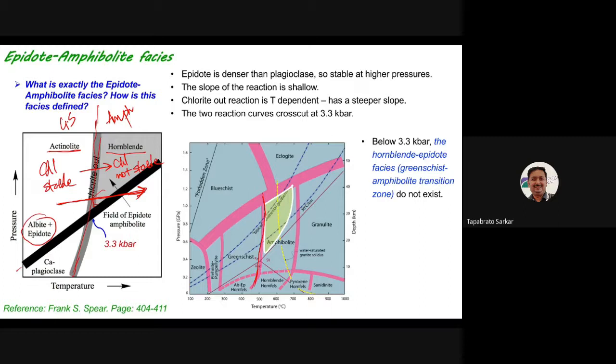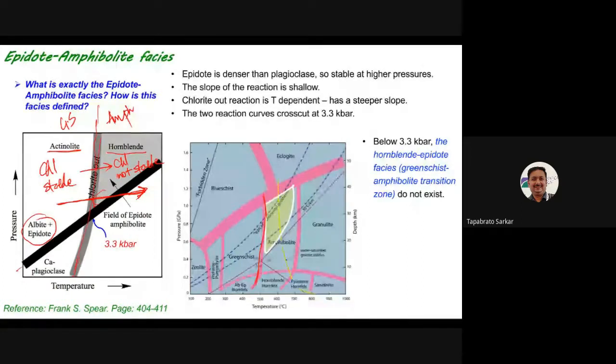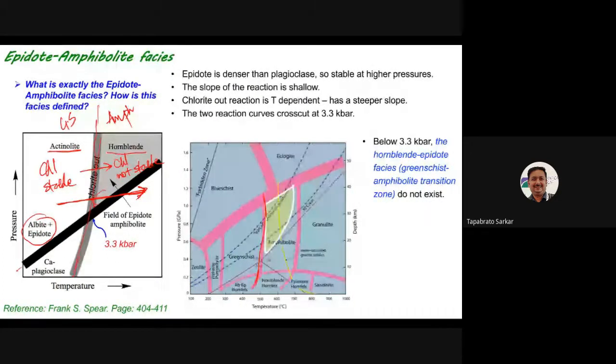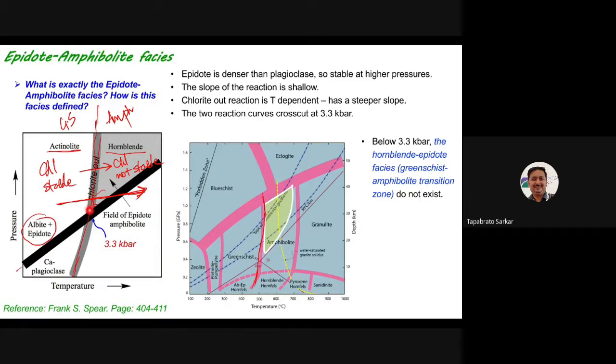This has a special significance in mafic rock. If epidote and hornblende are present together, we can directly say that the pressure is above 3.3 kilobar and we are within amphibolite facies conditions. So the temperature is above 500 degrees centigrade and the pressure is above 3.3 kilobar.